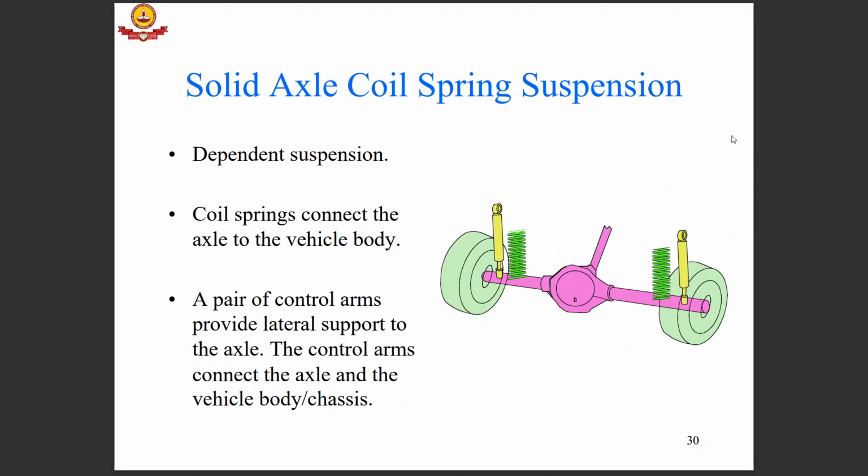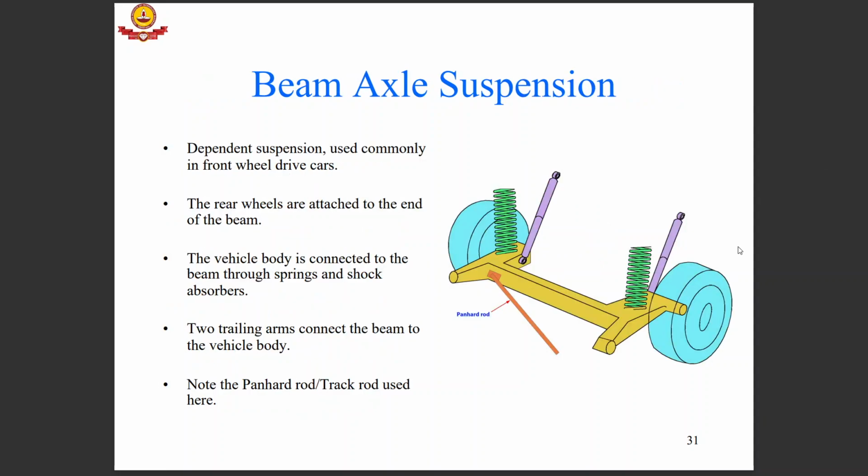Next is solid axle but coil spring type of suspension. Here, the coil springs are connected to the axle and to the vehicle body. This is also a dependent type of suspension, and a pair of control arms provide the lateral support to the axle. So this is another type. Then comes the beam axle suspension.